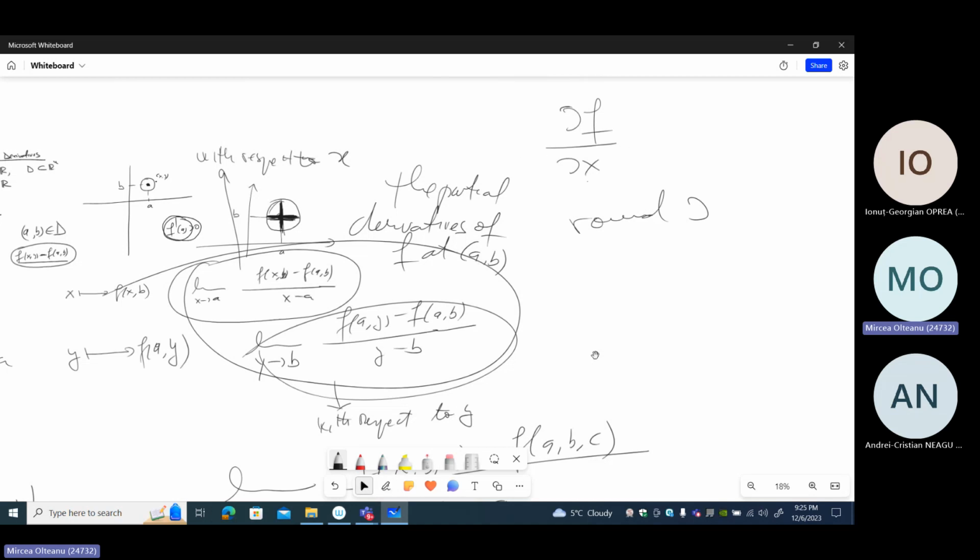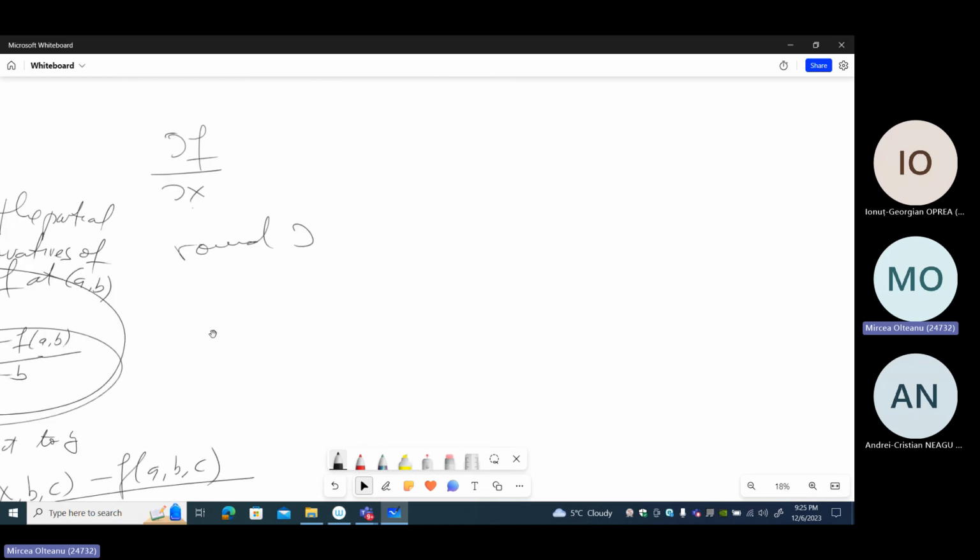For example, if I want to compute, let's take a function f(x, y) equal to x squared y. Okay, and let's consider the point (a, b) equal to, let's say, (1, 1), or (1, minus 1).